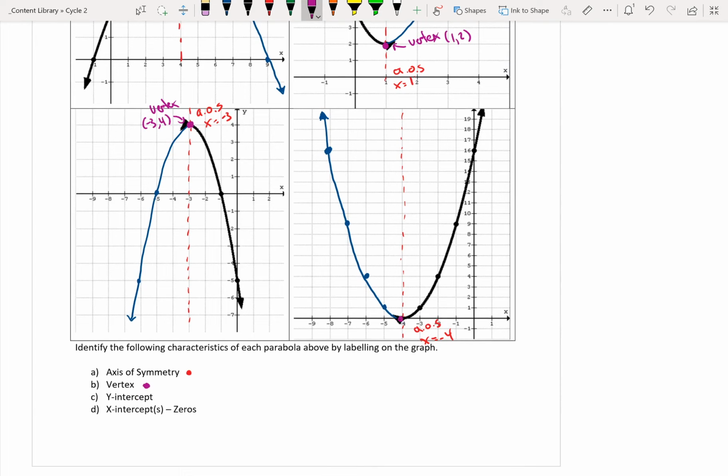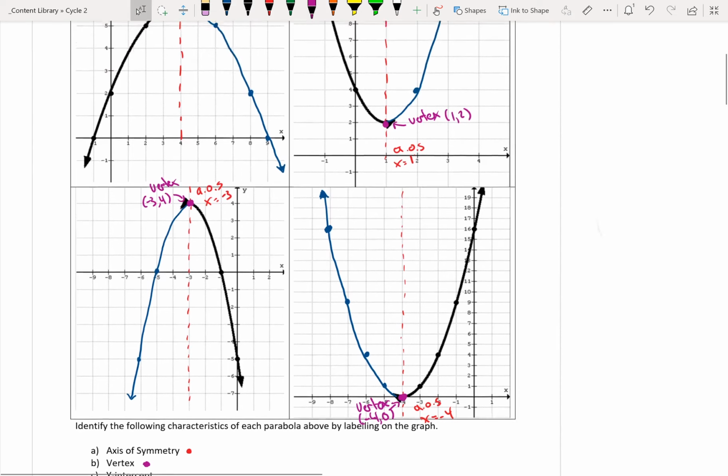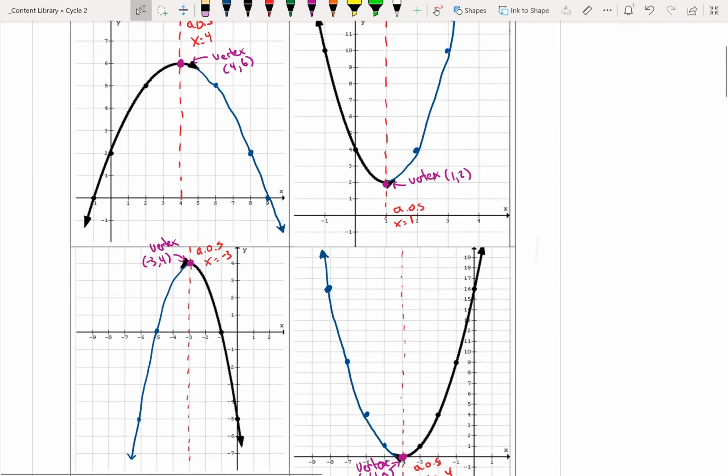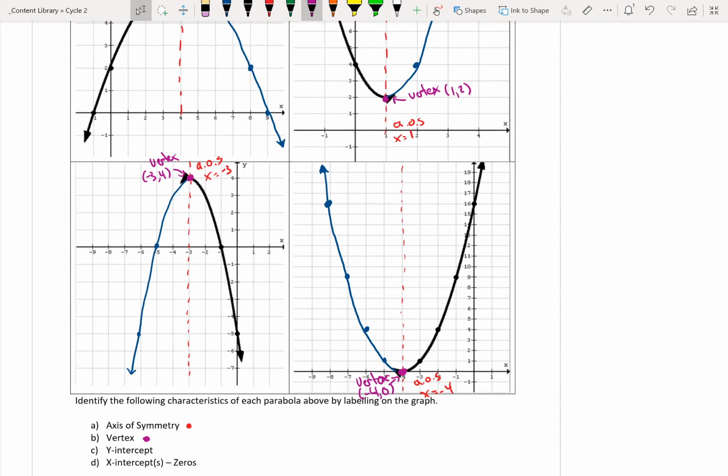And right down here is the final one, and it is (-4, 0). So what you should notice is that in the vertex, the x value is the same value as your axis of symmetry, right? So -4, -4, -3, -3, 1 and 1, 4 and 4. That's one thing to keep in mind.